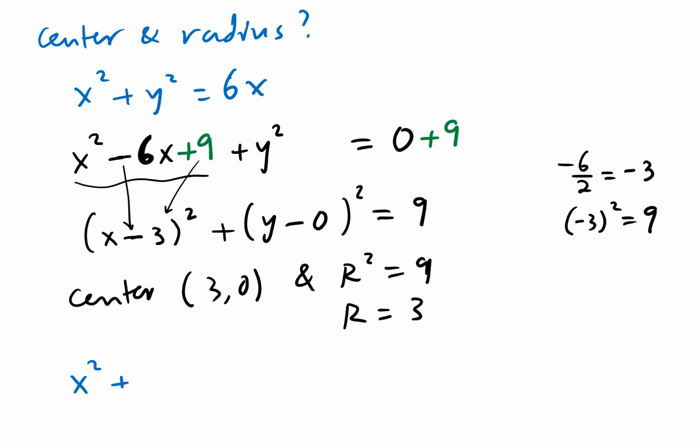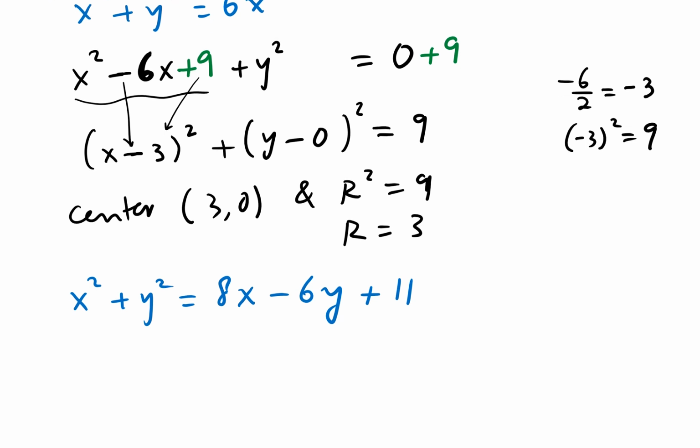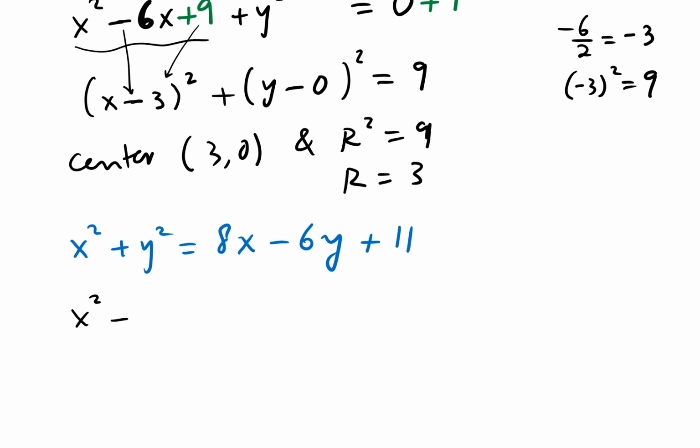Another example, x squared plus y squared equals 8x minus 6y plus 11. Again, we need to bring everything to one side to be able to solve it. So we get things in a standard form: x squared, subtract 8x on both sides, group the y squared, add 6y equals 11.